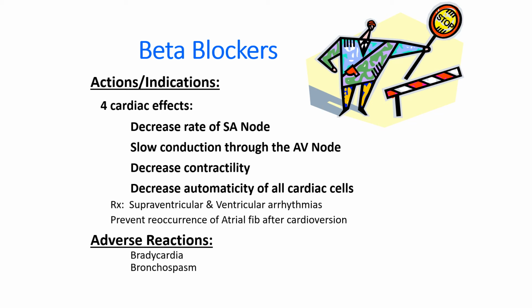Sometimes that dose needs to be adjusted. Bronchospasms can also occur because you're blocking that sympathetic nervous system, because with sympathetic stimulation it dilates your bronchioles, and what beta blockers do is stop that, and it can cause some bronchial spasms. So just be aware with those patients and be careful in patients that have COPD.